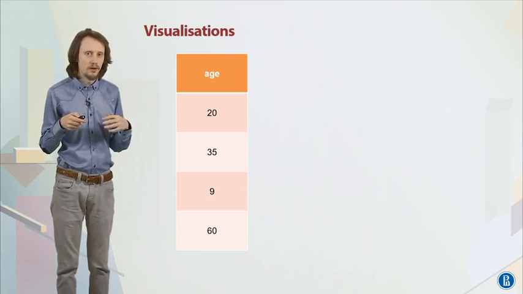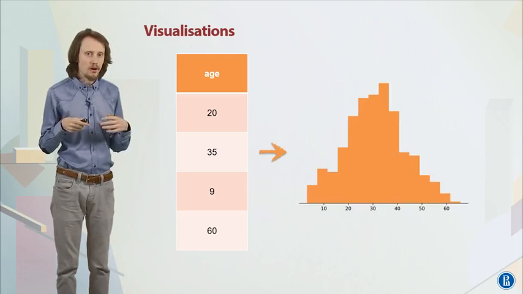For example, we can draw a histogram of our variable age, and using this histogram we can get an idea of the distribution of ages of the participants of our study. And we can also communicate the same thing to somebody else. Visualizations are an important technique in understanding the data.